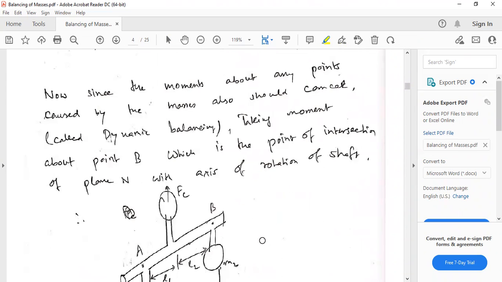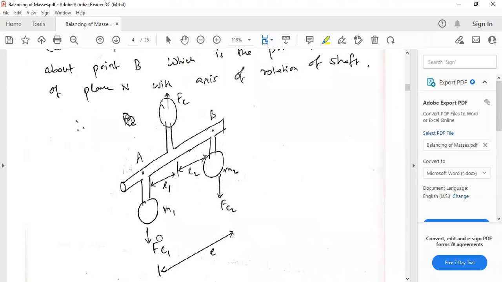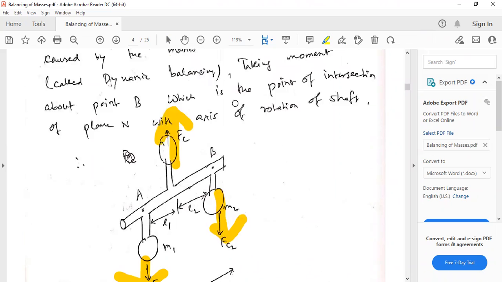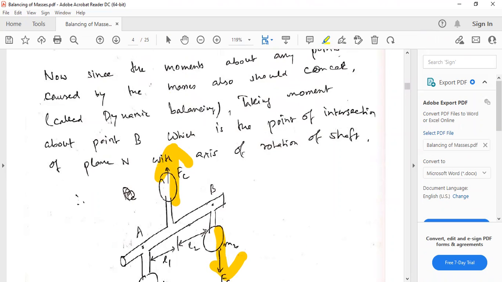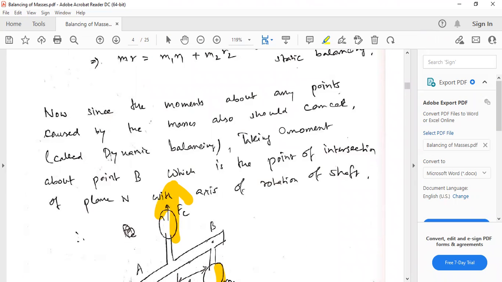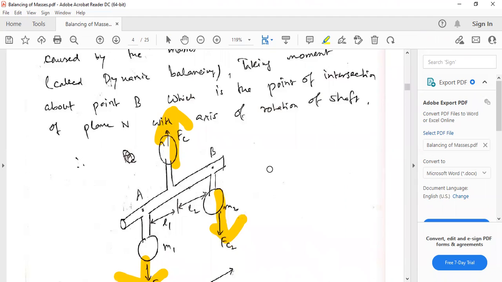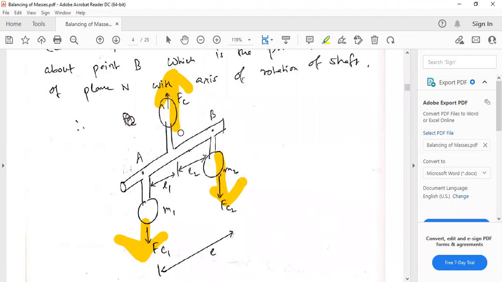Since the masses are in different planes, we will have their moments also. You can see this is a force, this is a force, and this is a force. These three forces are shown. Moments about any point caused by the masses should cancel. Suppose about this point, this force is causing a moment in this direction.